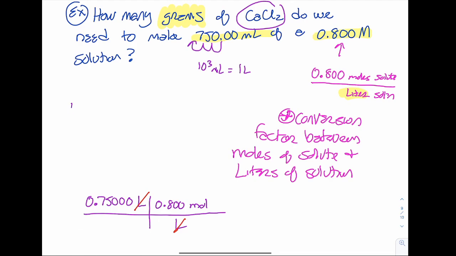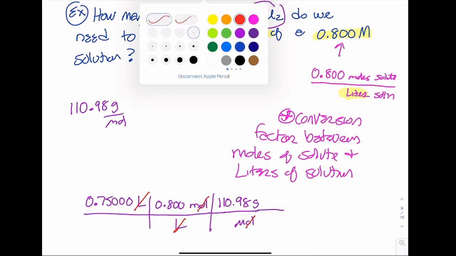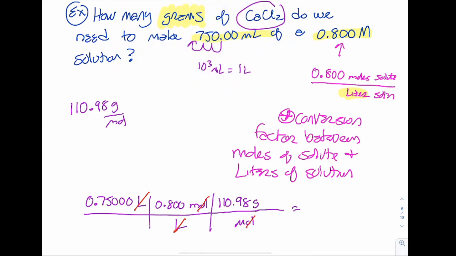And I get my molar mass to be 110.98 grams per mole. Since moles are on top, I want moles on the bottom. So we're going to multiply by my molar mass. And my moles go away. And we're left with grams.